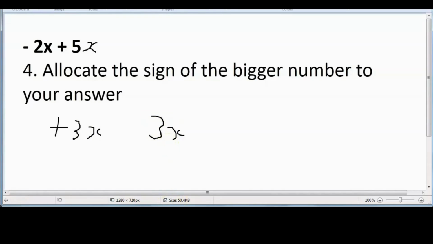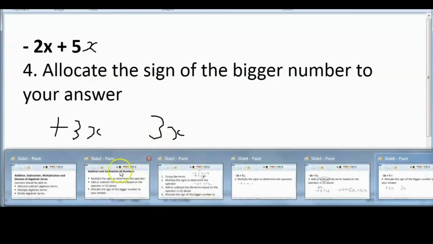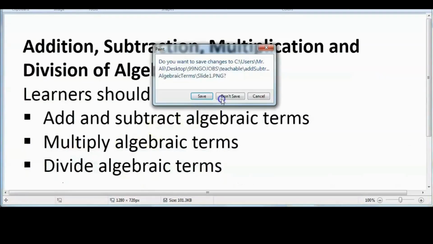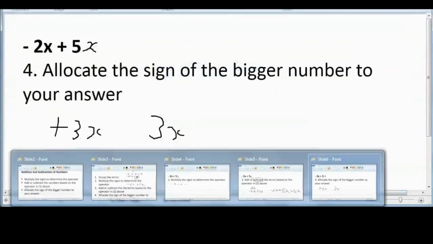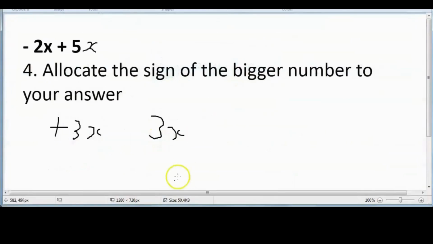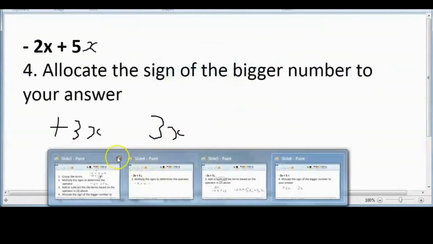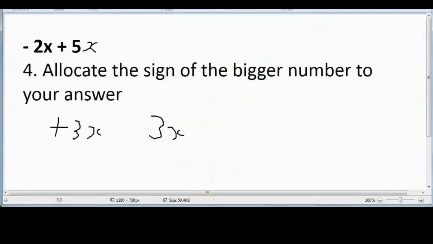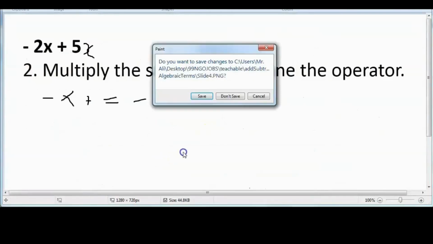Okay, that's that. Now I'm going to look at another example. Let me clear this first.